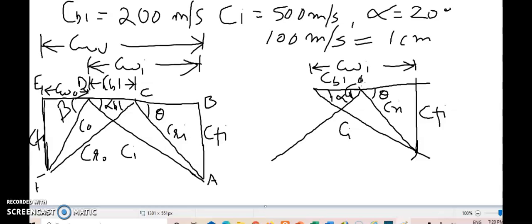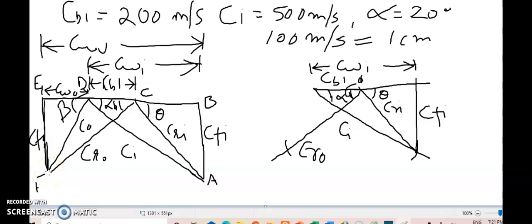So let us take smooth blades only. So Cr naught will be equal to Cri, and hence we will measure this Cri from here, the length of the line, this one, and then we will take a compass and put an arc here. So like this we obtain the point F.